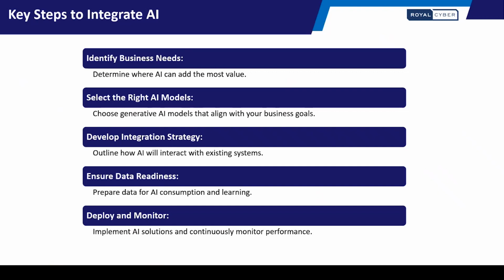Consider factors such as complexity of the task, the type of data involved, and the desired outputs. Develop integration strategy. Outline how AI will interact with existing systems and processes within your organization. Determine how data will flow between systems and how AI generated outputs will be integrated into the decision making processes.